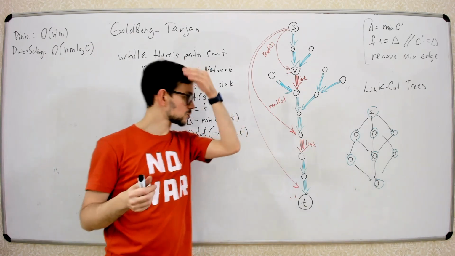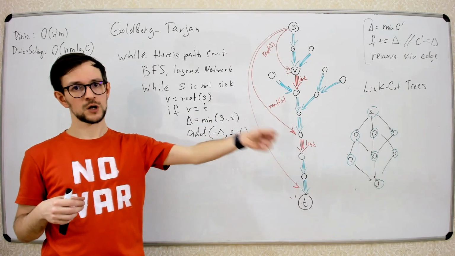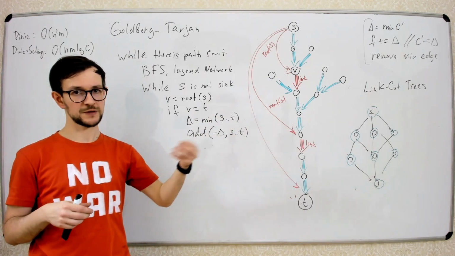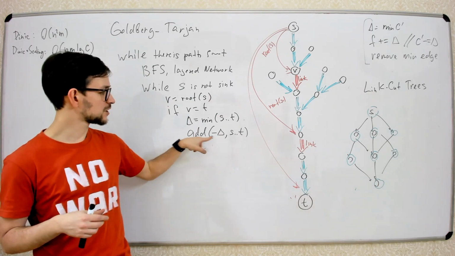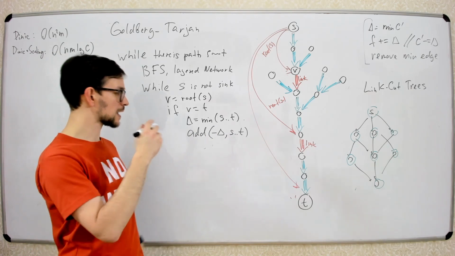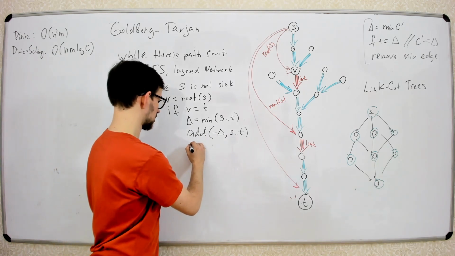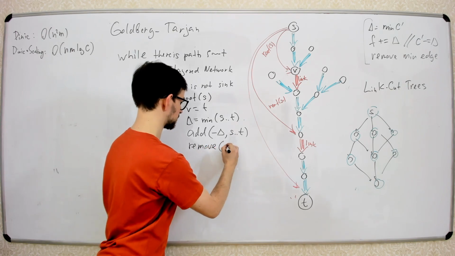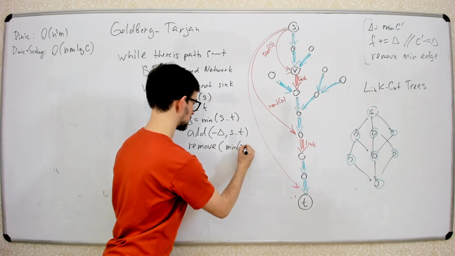So when I push the flow through the path, I will decrease the residual capacity of all edges on this path by this delta, and now I remove the minimal edge on the path from S to T.